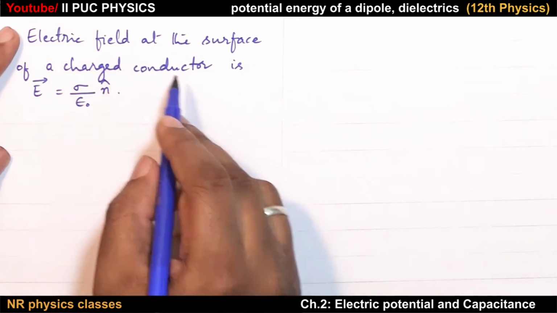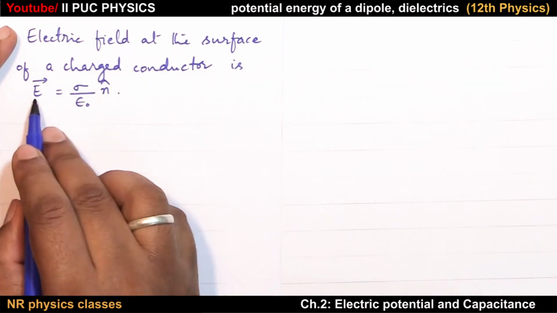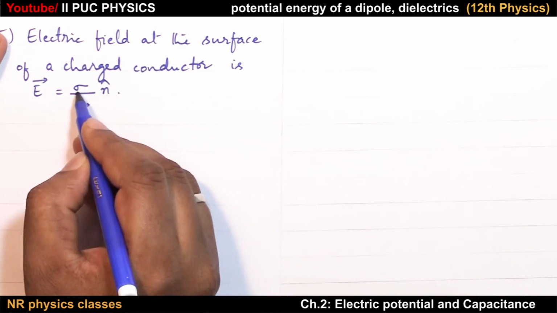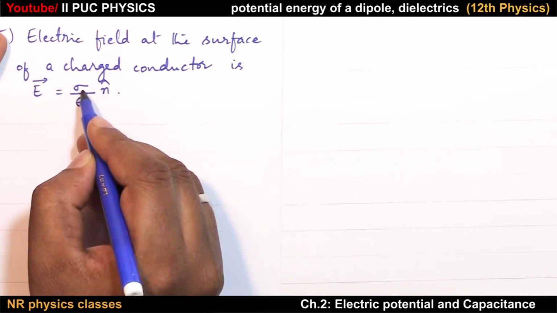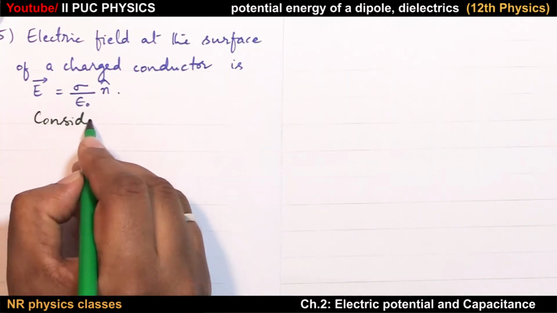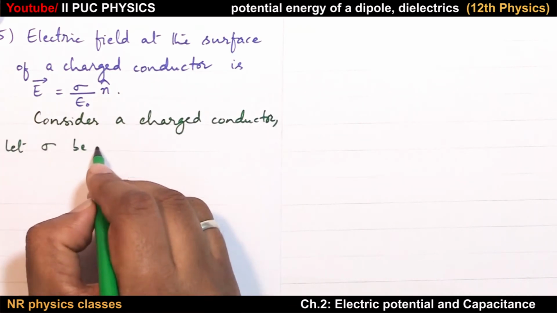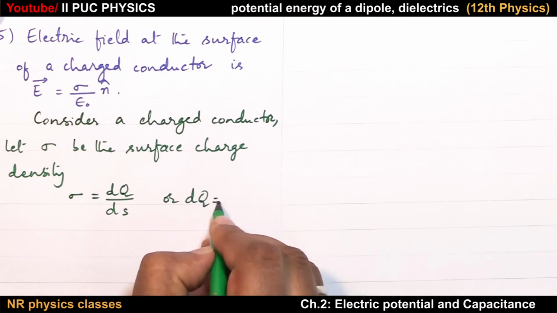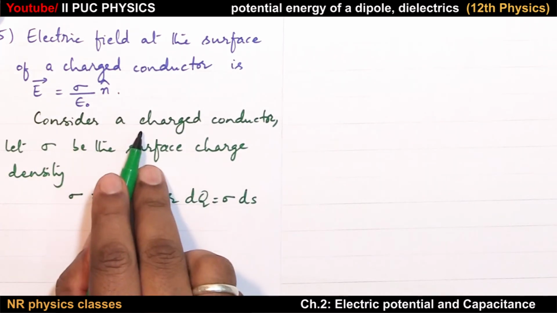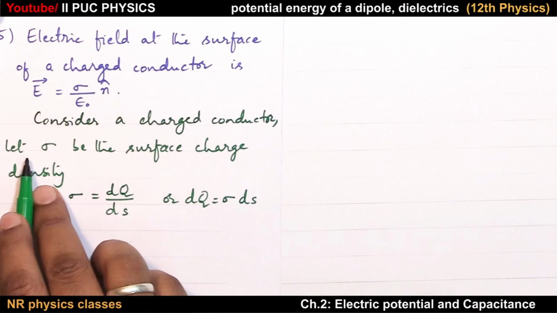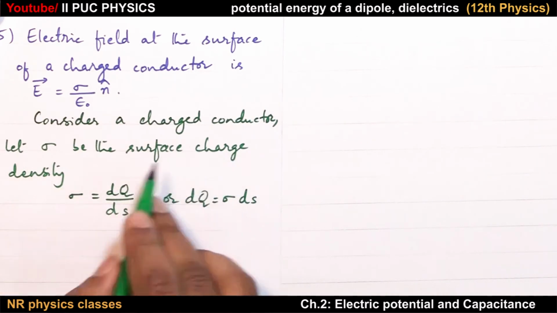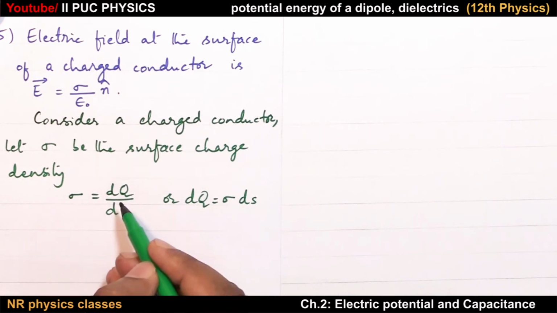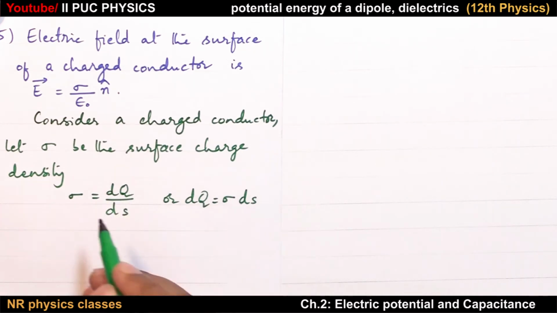Electric field at the surface of a charged conductor is E equal to sigma by epsilon naught into n cap, where sigma is surface charge density. Consider a charged conductor and let sigma be the surface charge density, and surface charge density is dq by ds, or dq equal to sigma into ds.